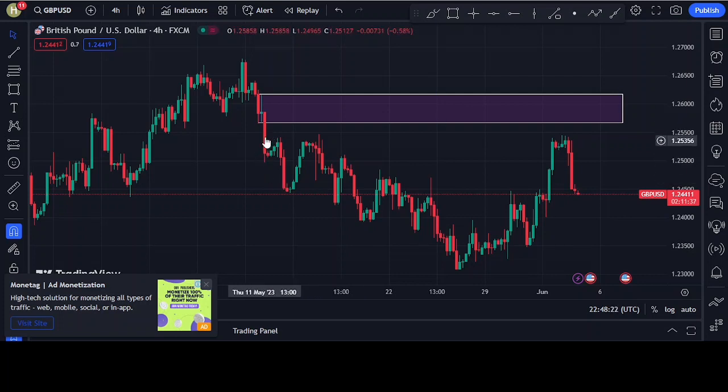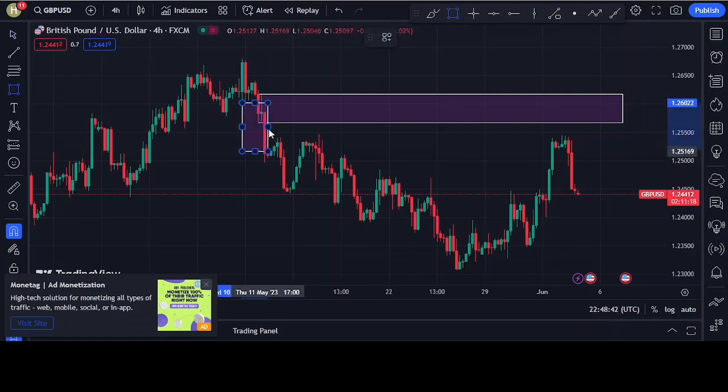The zone must be unmitigated. We can see an imbalance here. This is a bearish candle, then we have this wick, the low of this shadow, then we have the high of this shadow. At this point we can say we have an imbalance. Where is the imbalance area?